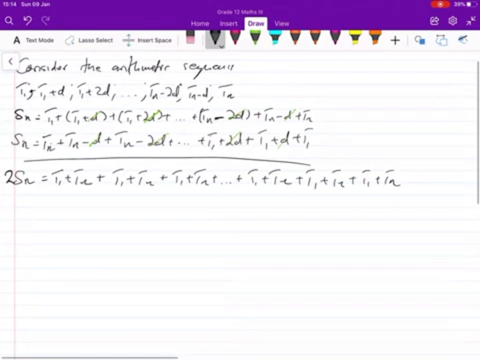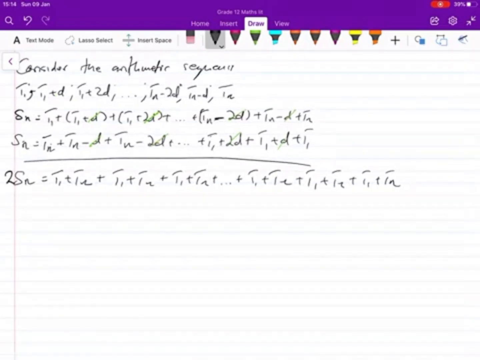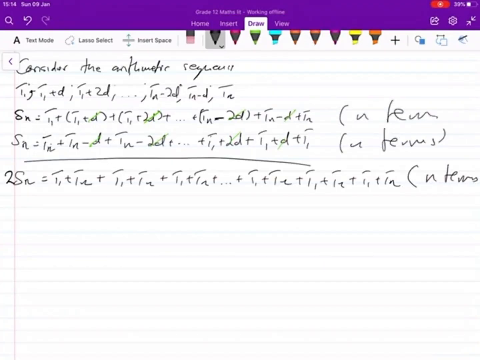All right, and we showed you in the example that you have to write this in summary format. Because we know that there are n terms, in order for us to summarize that, we use multiplication, so we'll say 2Sn equals n multiplied by T1 plus Tn, right?